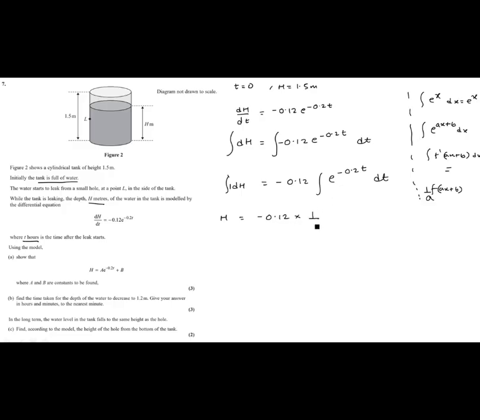So this integration will be minus 1 over minus 0.2 and e to the power minus 0.2 t plus a constant.